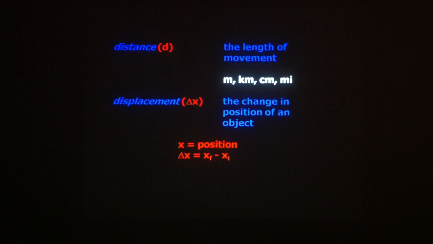The symbol x stands for position, and delta x stands for change in position. You might remember that from your math or science class last year. So delta x would be our final position, x final, minus our initial position, x initial. So we can solve for displacement by taking the final position and subtracting the initial position.